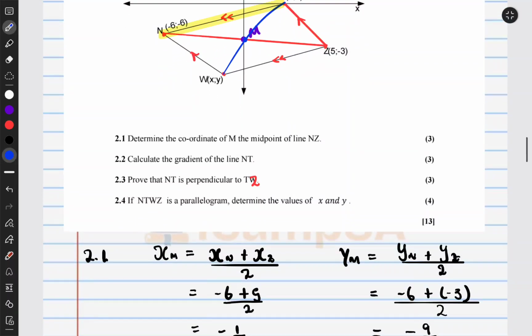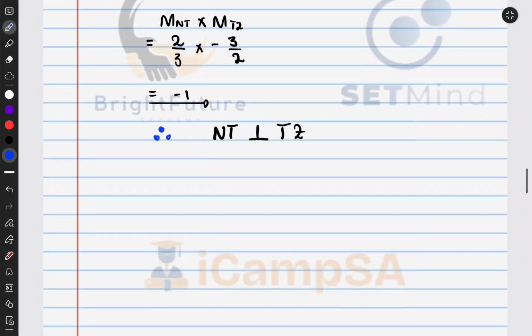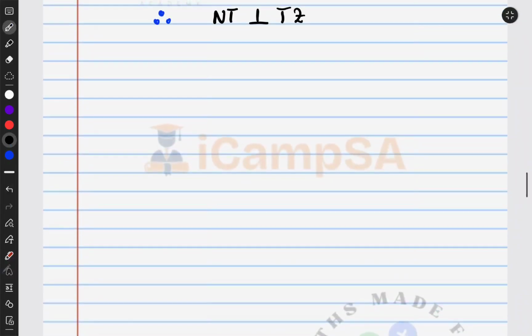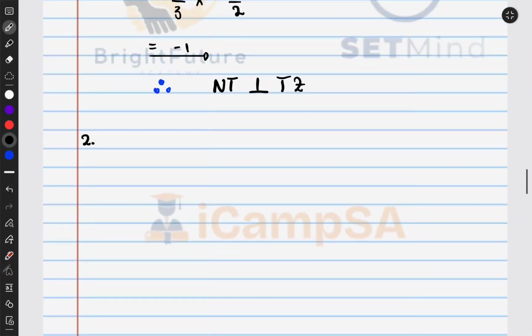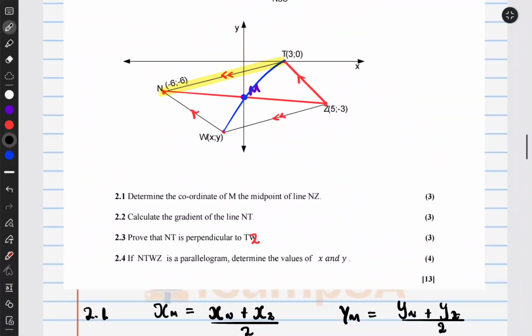So we've already calculated the midpoint in question 2.4, and we find it to be -1/2 and -9/2. We say the midpoint M is -1/2 and -9/2. Double check. Yes, that is correct.